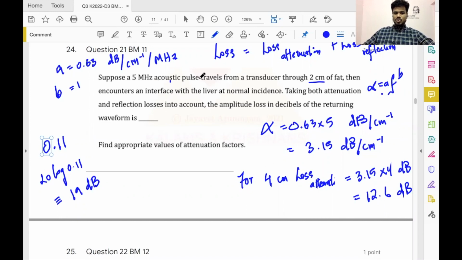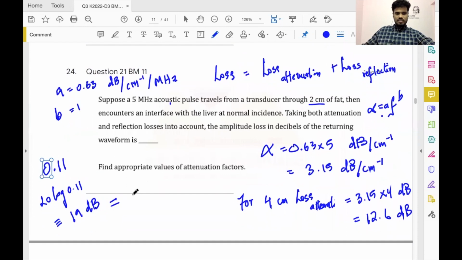This is a loss. So the total loss. Notice this corresponds to the reflection loss, that is, the amplitude reflection coefficient, not the intensity reflection coefficient. So our total loss is the sum of the two losses, 90 plus 12.6, which is 31.6.